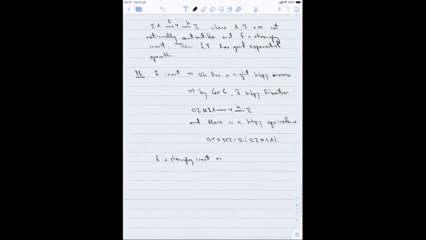Means that, by definition, you have a comparison of the log indices.